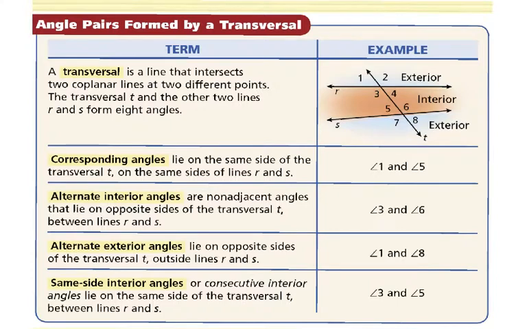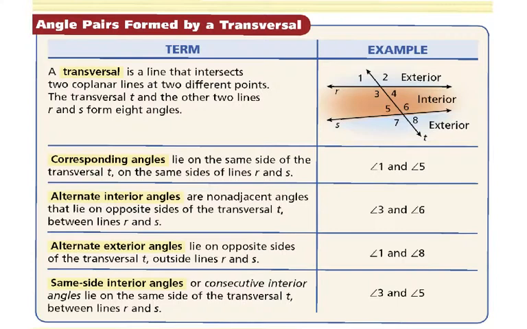So 3 and 6 would be an example of that. And also another pair of alternate interior angles are 5 and 4. Those are going to be another pair. And that's it for alternate interior angles. That's the list.